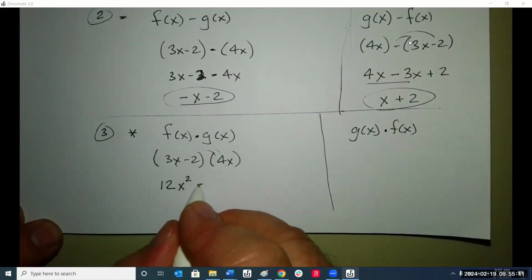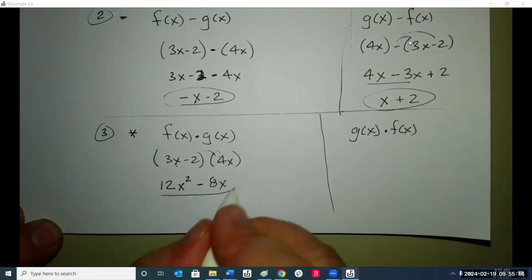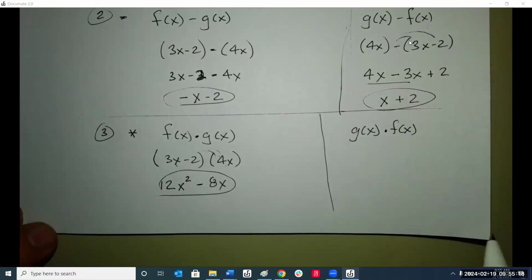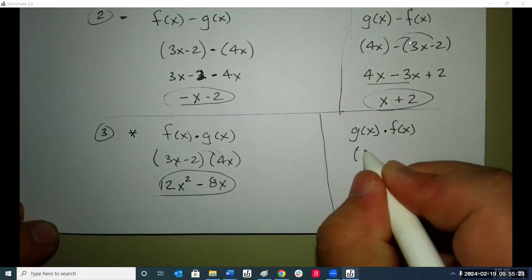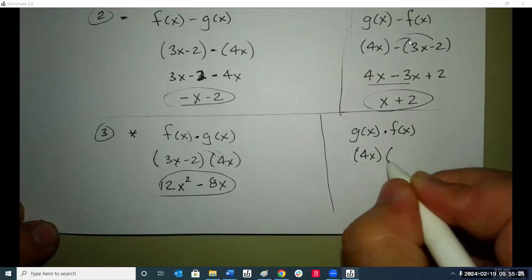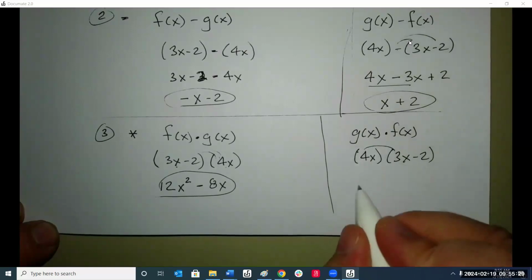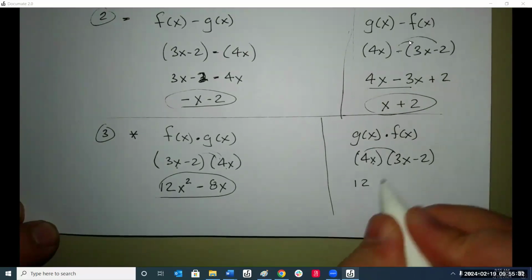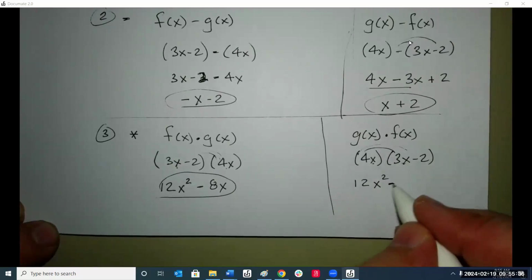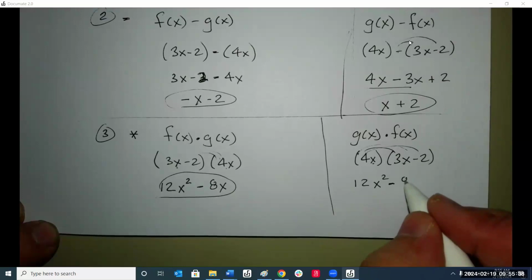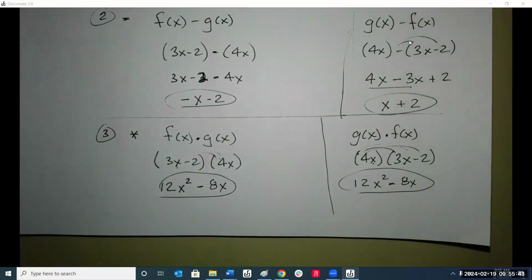Positive times negative is negative. 4 times 2 is 8x. So g of x is that, 4x times 3x minus 2. 4 times 3 is 12. x times x is x squared. Positive times negative is negative. 4 times 2 is 8. So it stays the same.